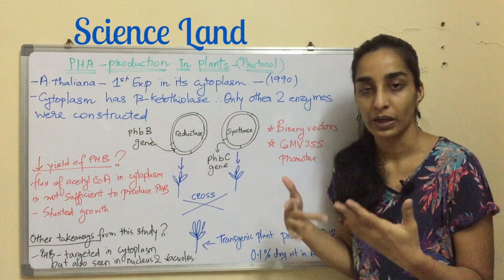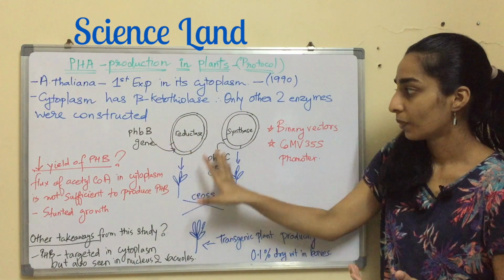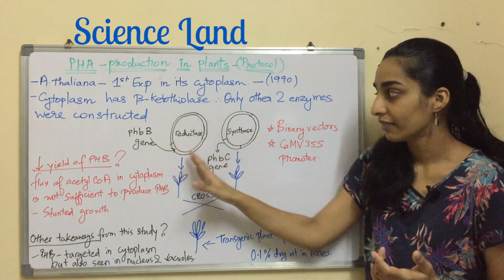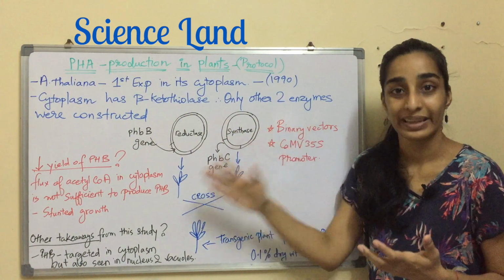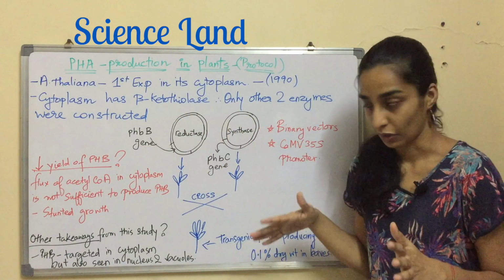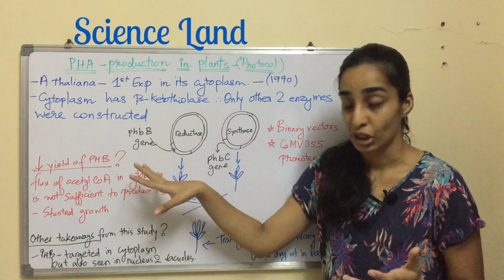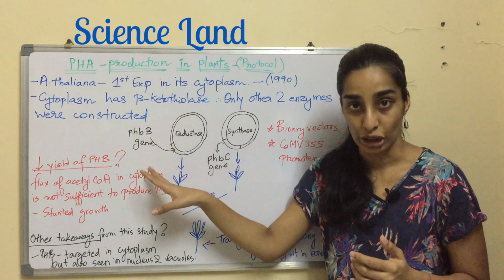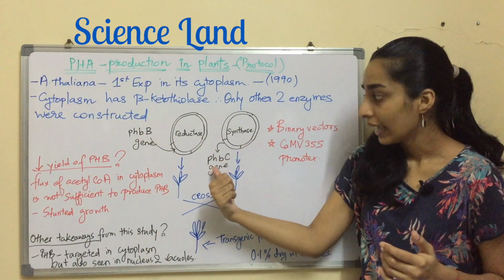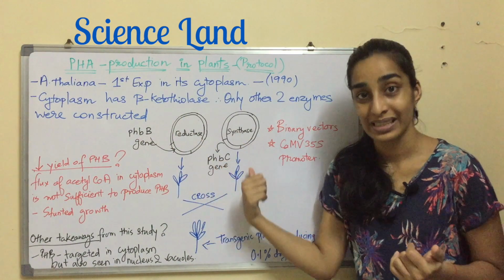So the vectors were constructed, and the vectors were basically the binary vectors or the binary plasmids. Okay. Now, reductase is encoded by a gene called PHB gene, and synthase is encoded by PHB-C gene.